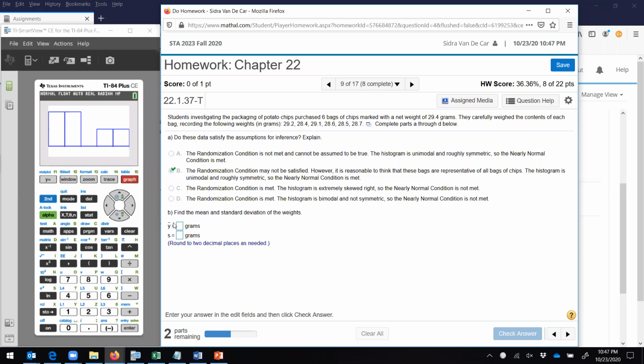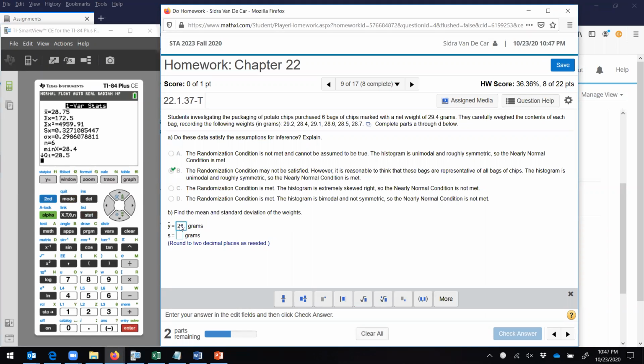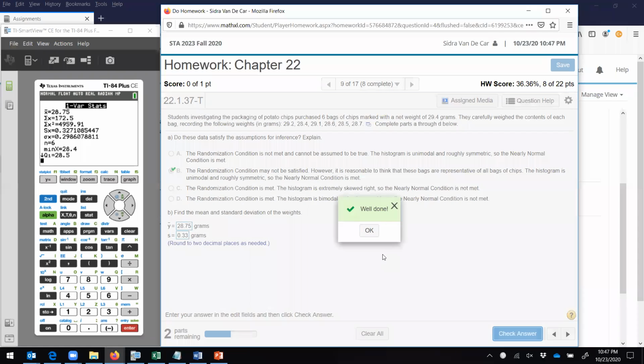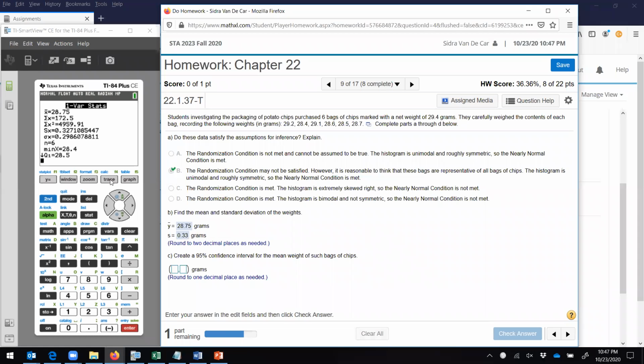All right, let's find the mean and standard deviation. So we're going to go to stat, calc, 1 variable statistics on L1. Our mean is 28.75. And our standard deviation is 0.3233. For the 95% confidence interval: stat, tests, T interval.